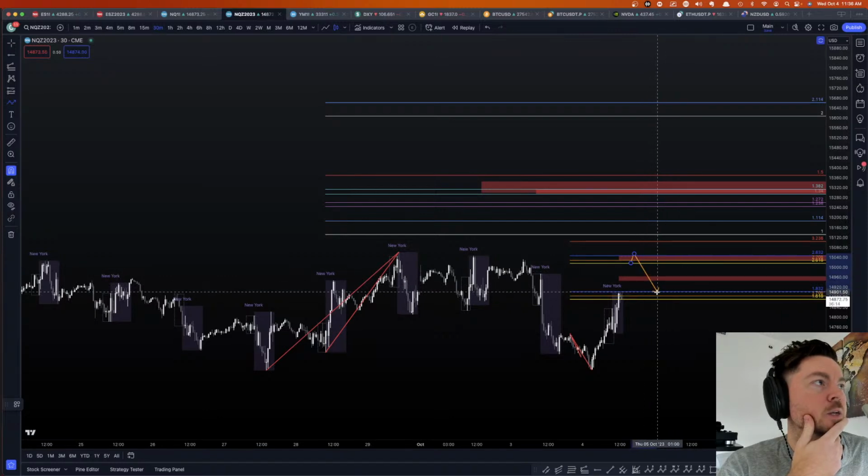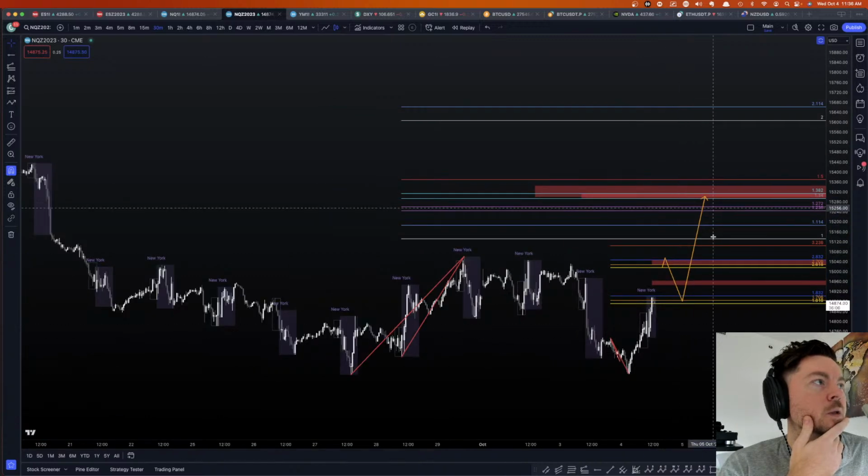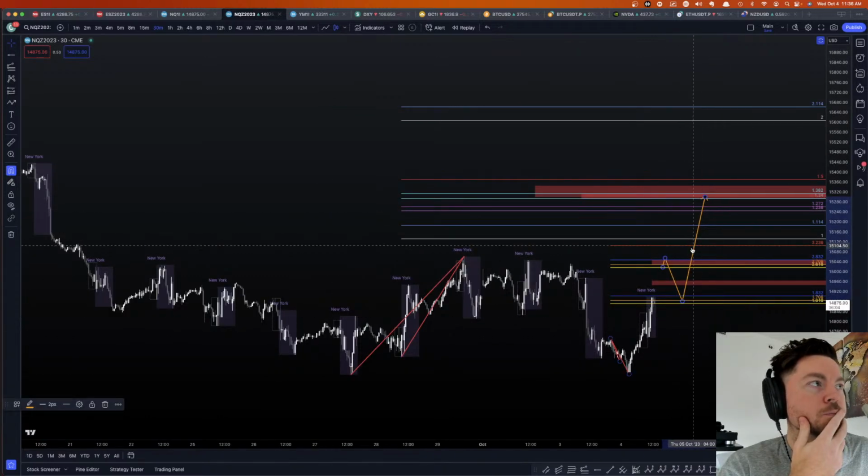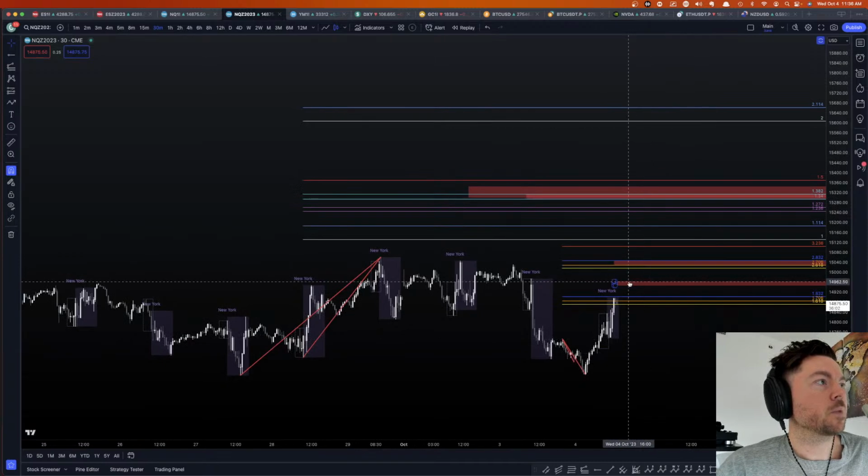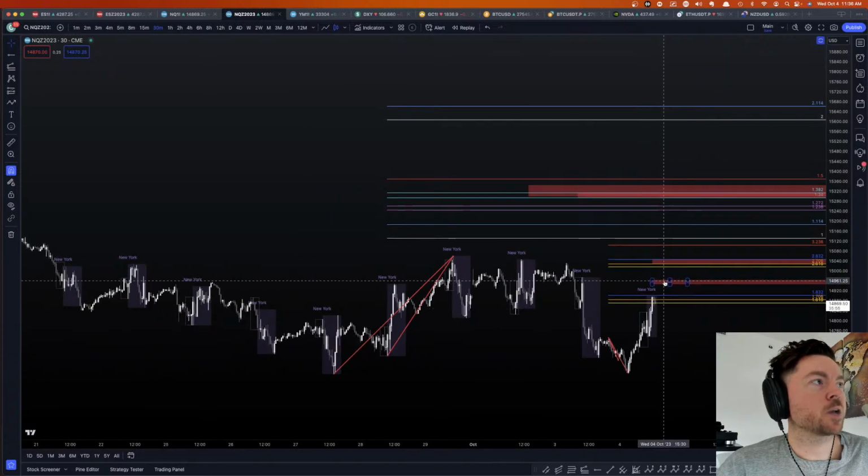And then you get some kind of retrace, however low, whatever. And you get your bigger move up after that. Or that could just happen right from here.